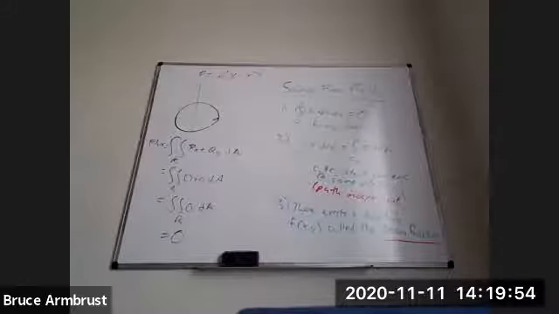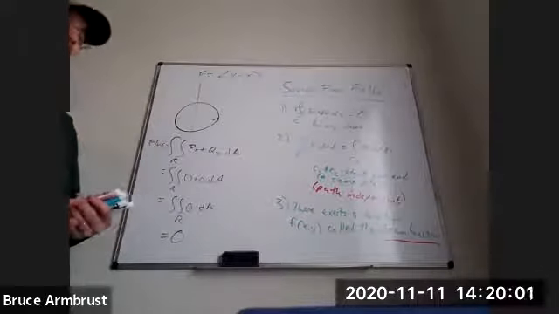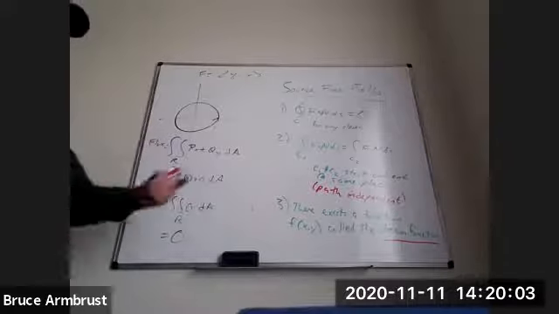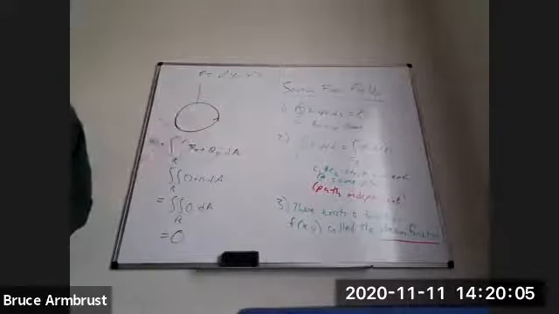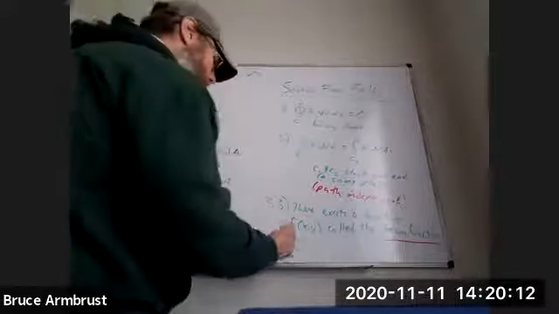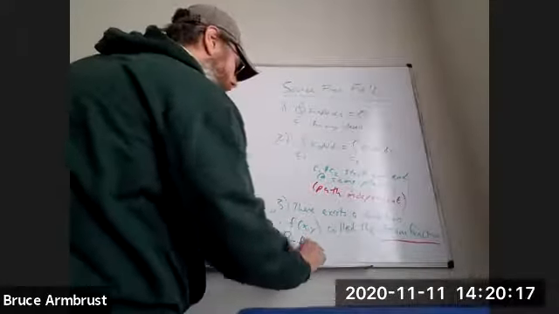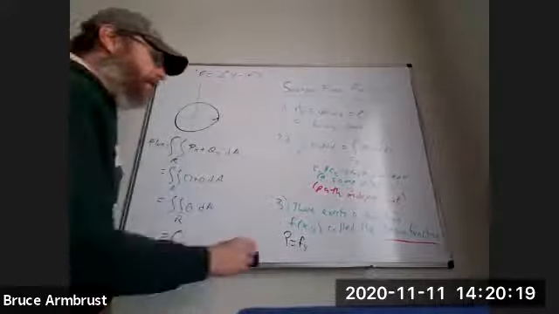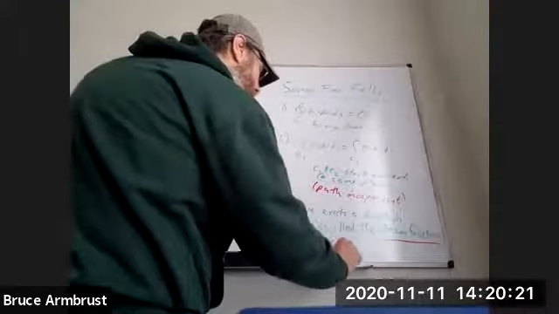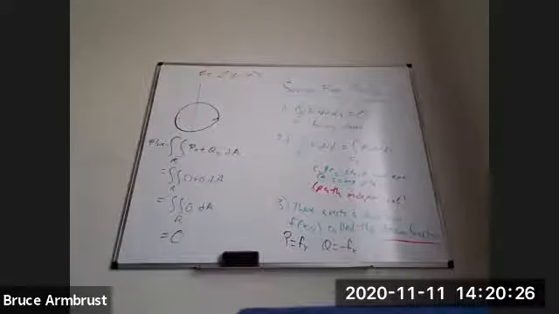But this is one where it's not quite the same thing. It's not that the gradient of the stream function equals F, but it's similar. It's just that P is equal to f_y, like before, and Q is equal to negative f_x.